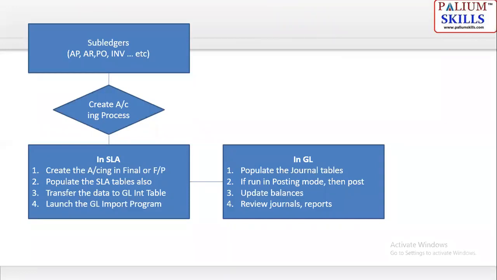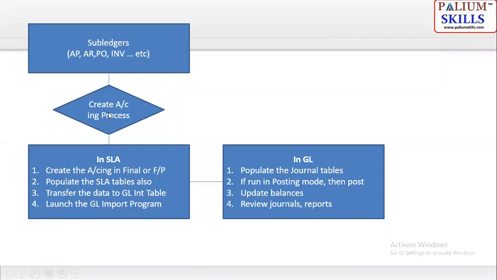So typically, the flow is like this: from subledgers, when we run the create accounting process, the create accounting process also routes the data to GL through the subledger module. If you look at the diagram here, we have the subledgers from AP, AR, PO, inventory, or whatever. Then it comes into the create accounting process.